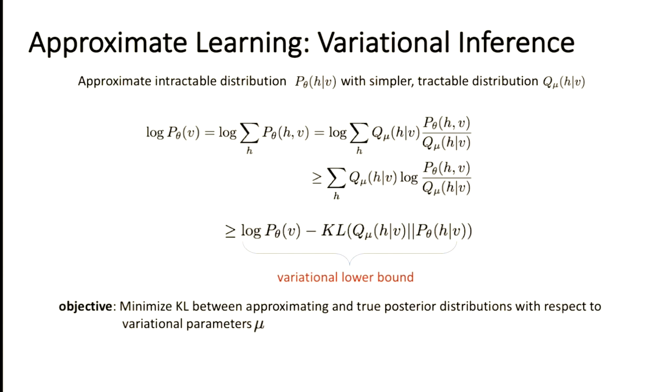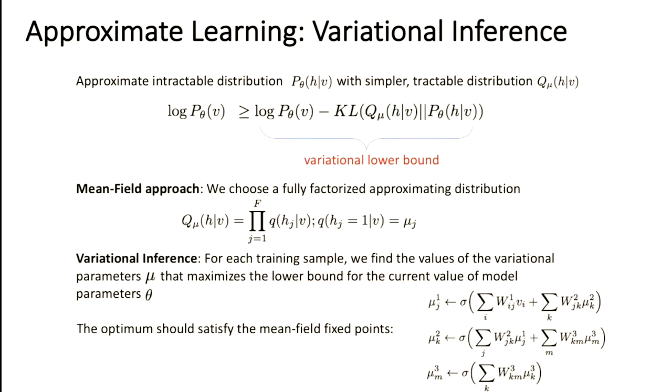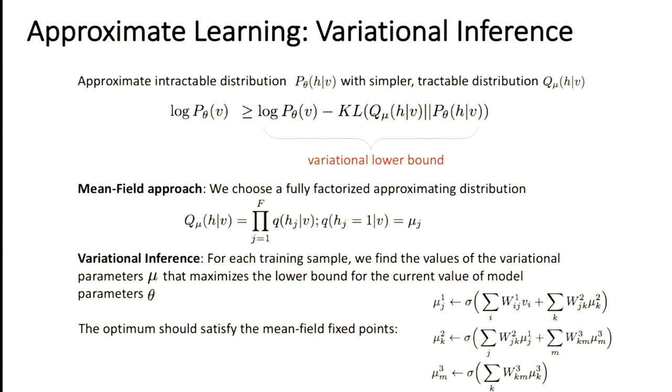As we had seen in the first part as well, you could have a naive mean field approach where you choose a factorized approximating function. So you choose this approximate conditional distribution as a product of these conditionals, where the probability of h_j being equal to 1 given v is equal to the corresponding mu parameter.